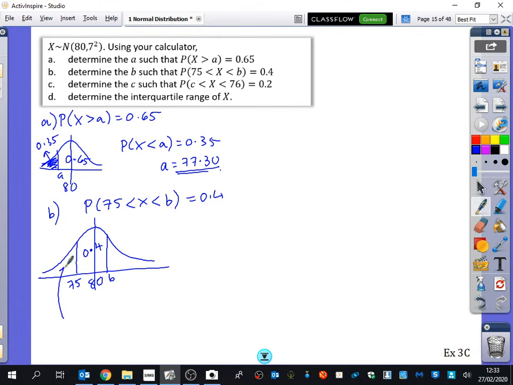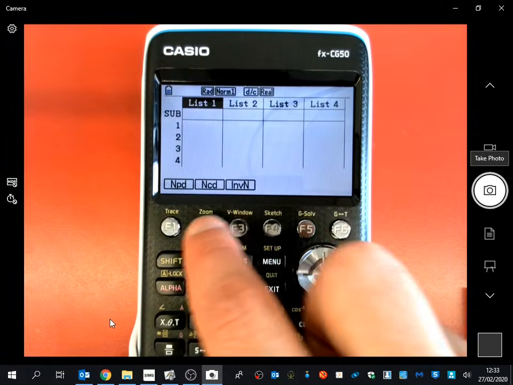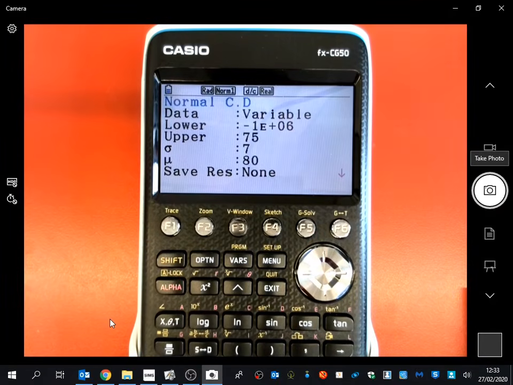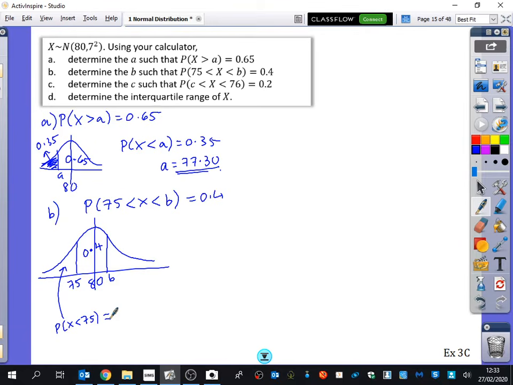Good. We need to find the probability of less than 75 so that we have the entire probability below. So we're going to find the probability that x is less than 75, and then we'll add it on to 0.4. So less than 75. Good. 0.2375.